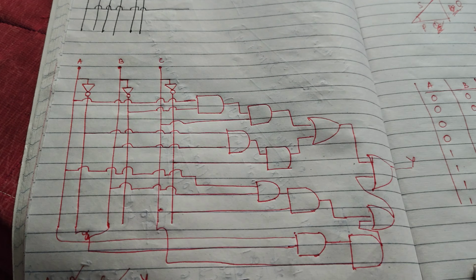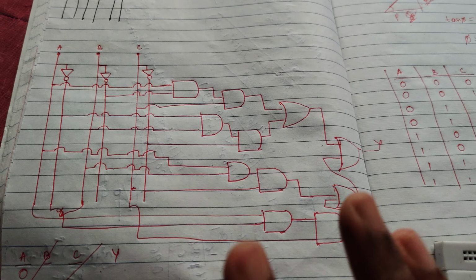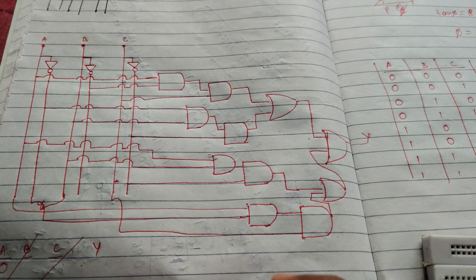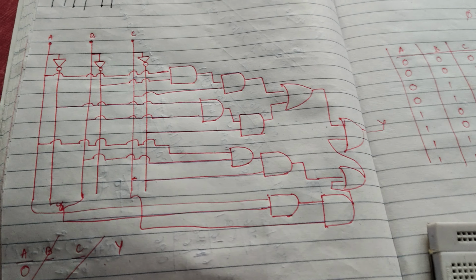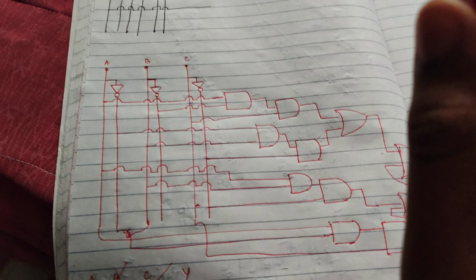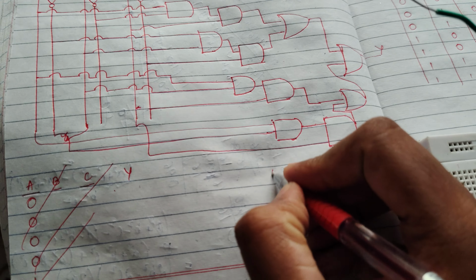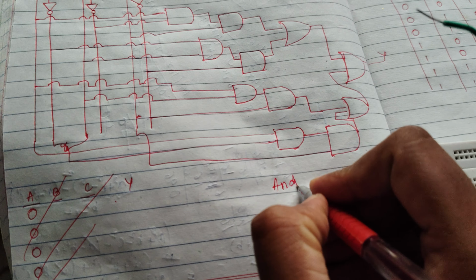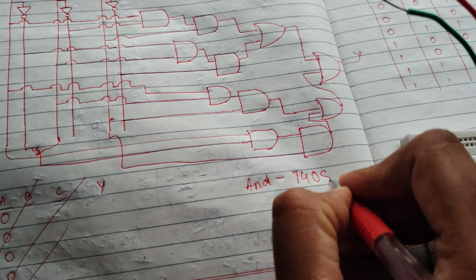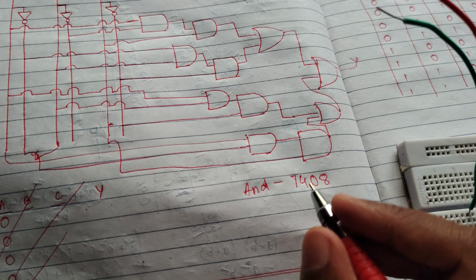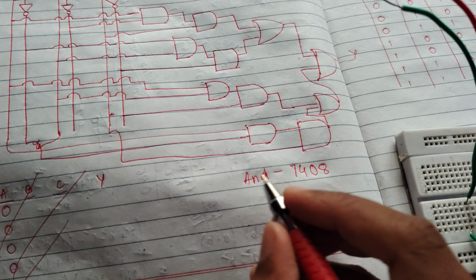So to make this whole circuit, you have to count how many AND gates, how many NOT gates, and how many OR gates there are, and the ICs which we are going to use. The IC for the AND gate is going to be 7408. I have already made a complete video on how to use that IC.